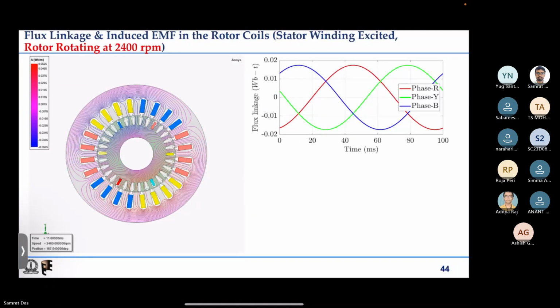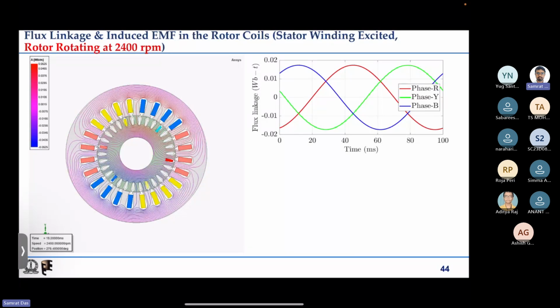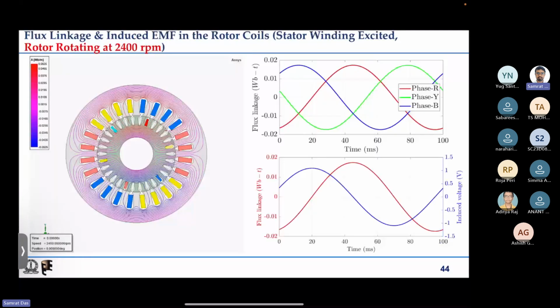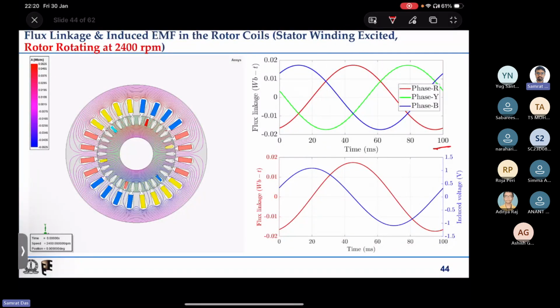This is what is found in the flux linkage waveform. I have plotted for 100 milliseconds, and in 100 milliseconds one cycle is finished, so the frequency of the flux linkage of the rotor conductors is 10 hertz.